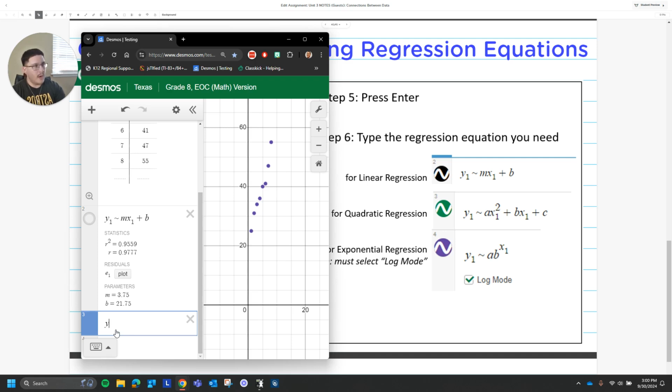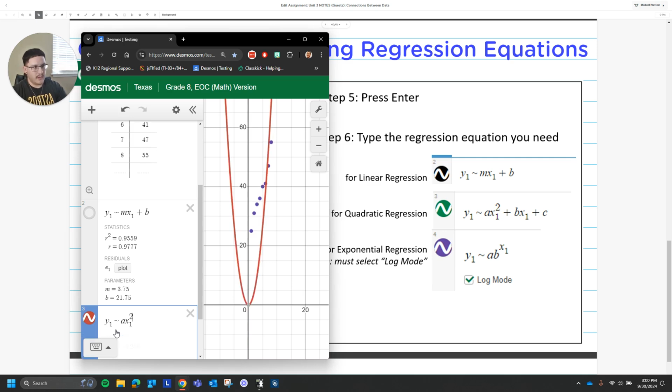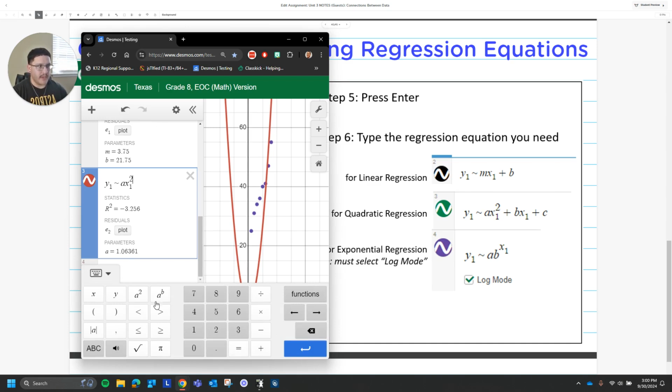So you're going to type in y1 squiggly, AX1 squared. And to get the square, either you can pull up the keyboard and use the A squared right there, or you can also, if you look at the number 6, there should be a little up arrow right there on the number 6.